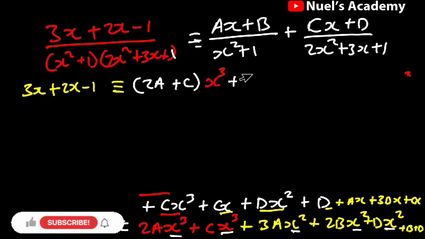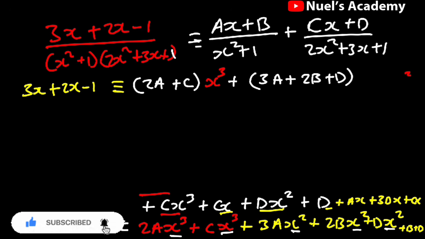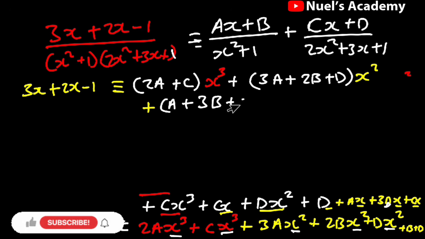So we have (3a + 2b + d) x^2, then plus those with x alone. Let's factor it out. Then we have (a + 3b + c), sorry, this is 3b plus c, then multiplied by x, then plus the constant, which is b plus d.